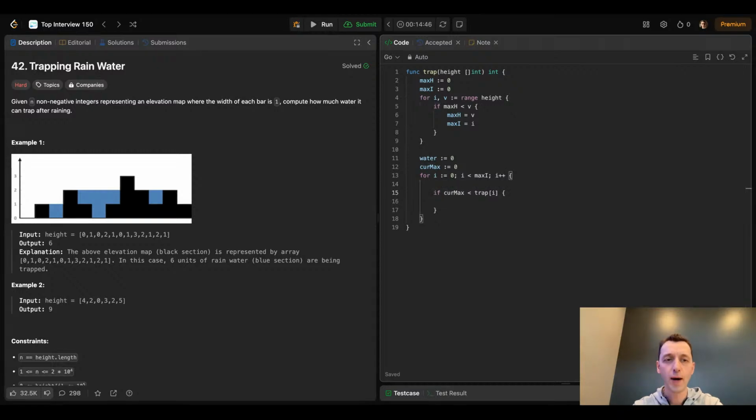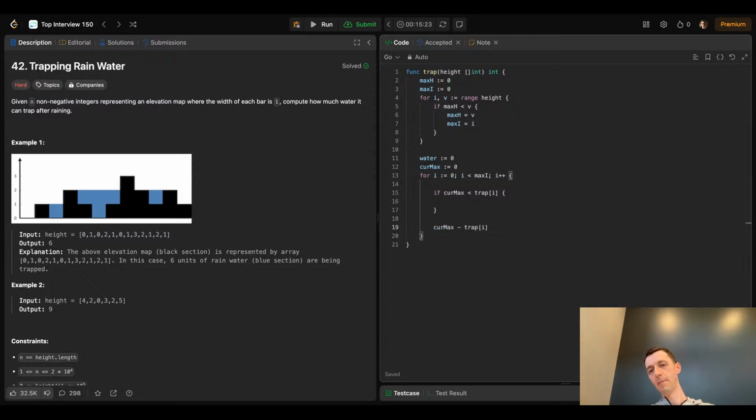Otherwise, all we do is we have this trap i, that's our current depth, and we have our current max.